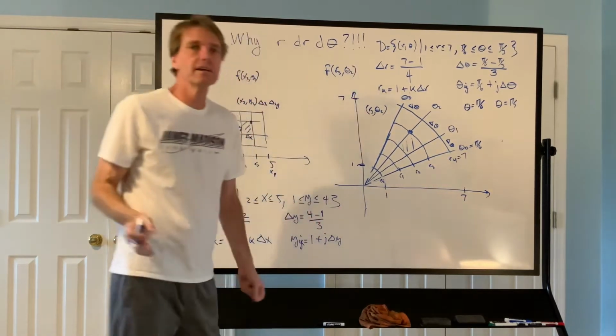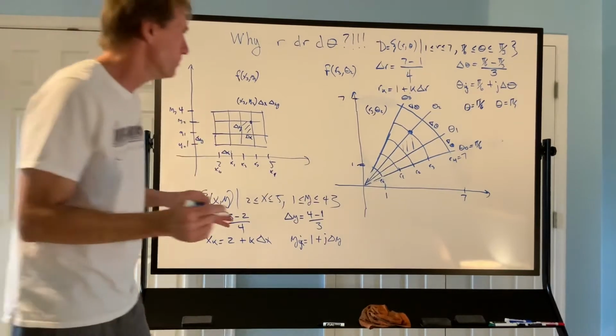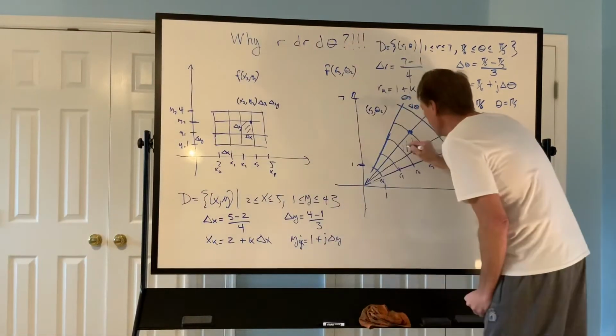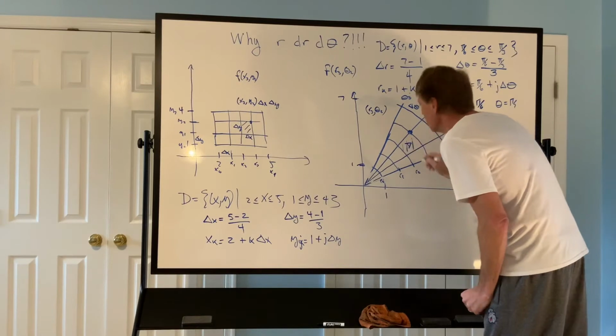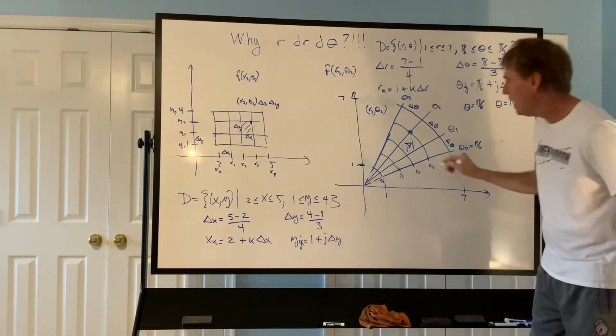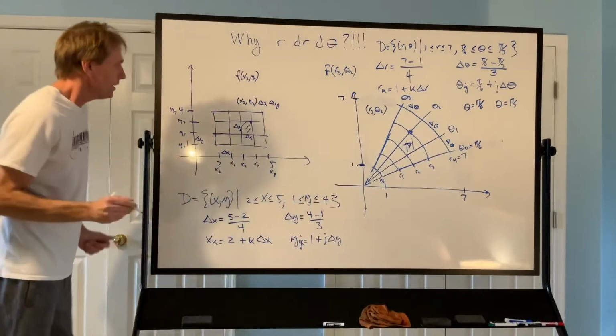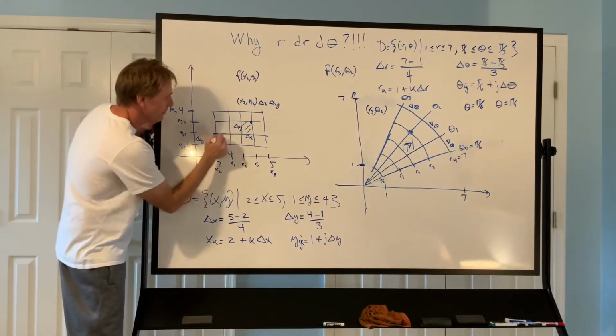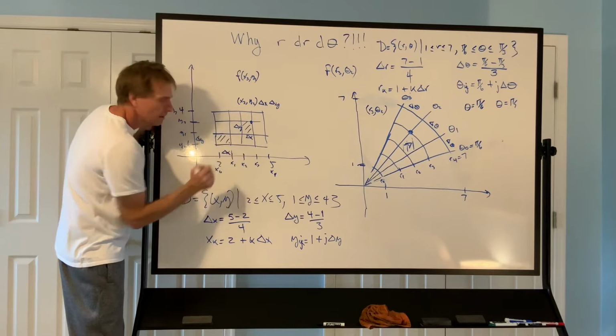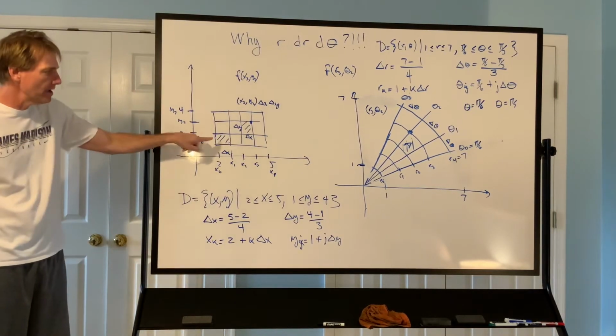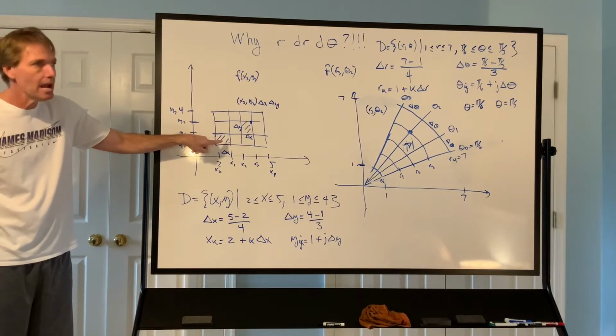Now, if we're finding volume, this is the area that we want. Notice how much different this is than what we had over here. Regardless of where I pick my approximating piece in my Riemann sum, in my domain, it has the exact same area.